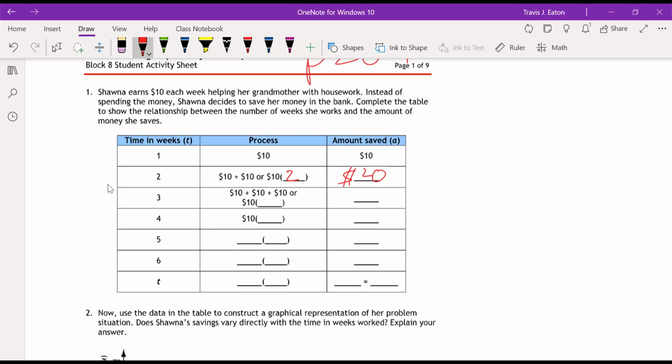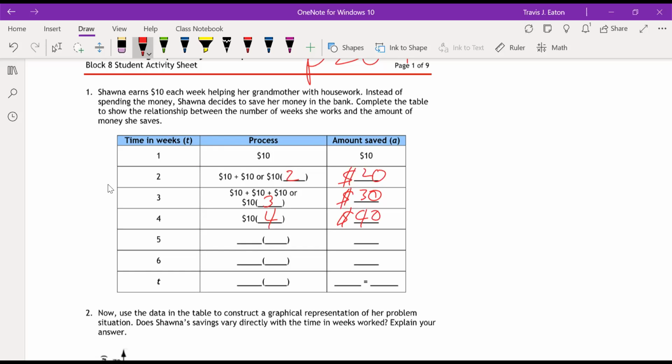And in week 3, well, then that's 10 plus 10 plus 10, or 10 times 3, which gives Shauna $30. And of course, in the 4th week, that would be $10 times 4 weeks, giving her a grand total of $40.